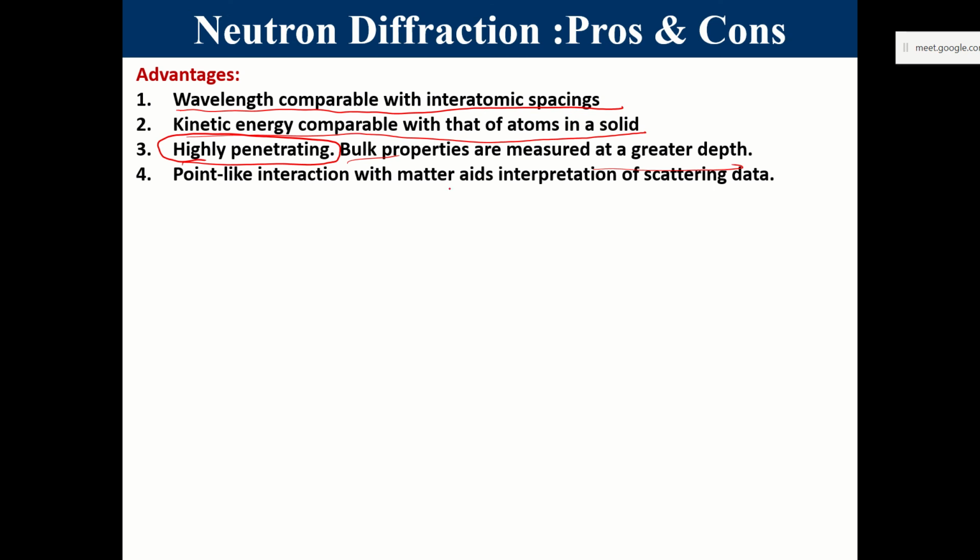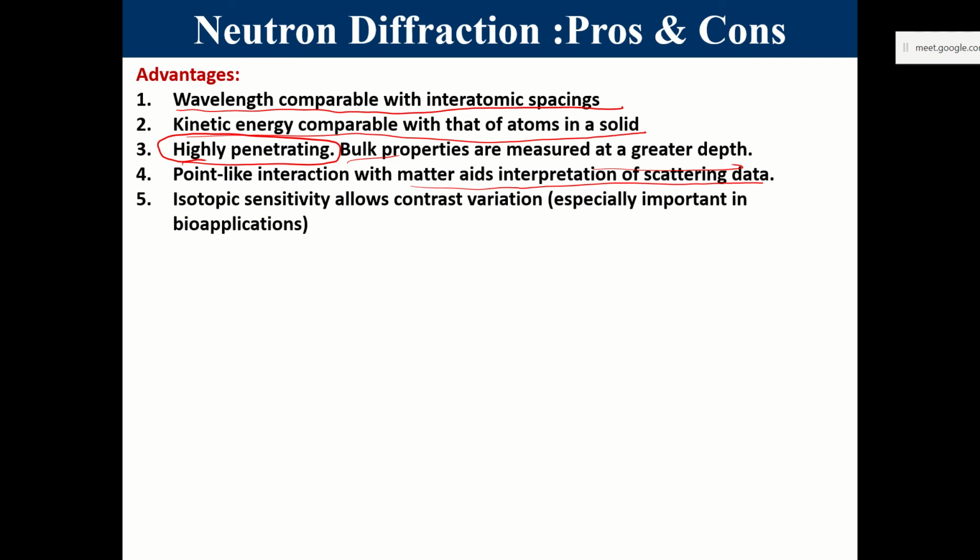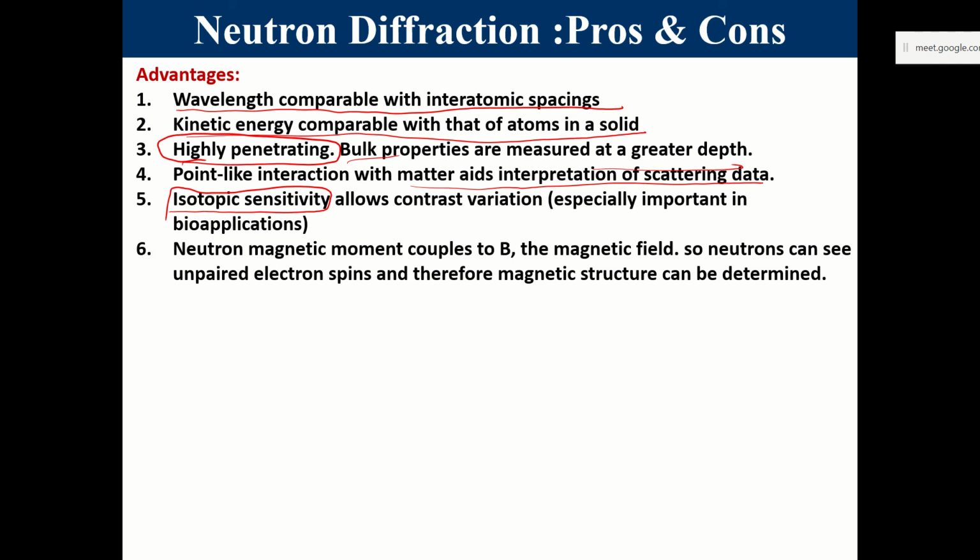So it is a point-like interaction, which simplifies interpretation of scattering data, and there is isotopic sensitivity. If you have hydrogen or deuterium, you can distinguish between the two through neutron diffraction. That isotopic sensitivity was not there earlier in the case of X-ray diffraction.